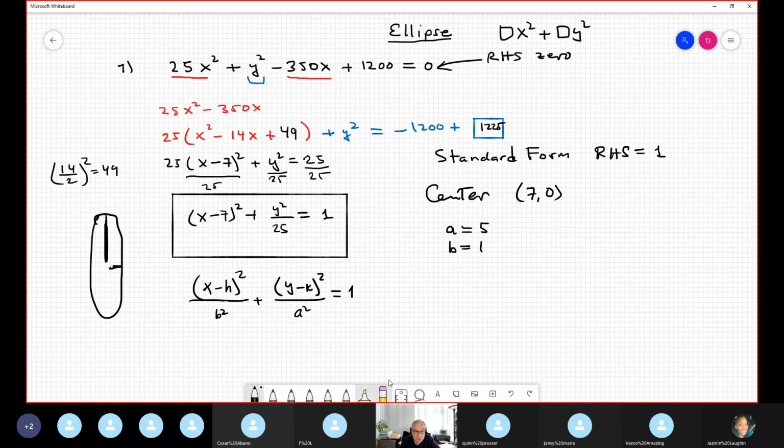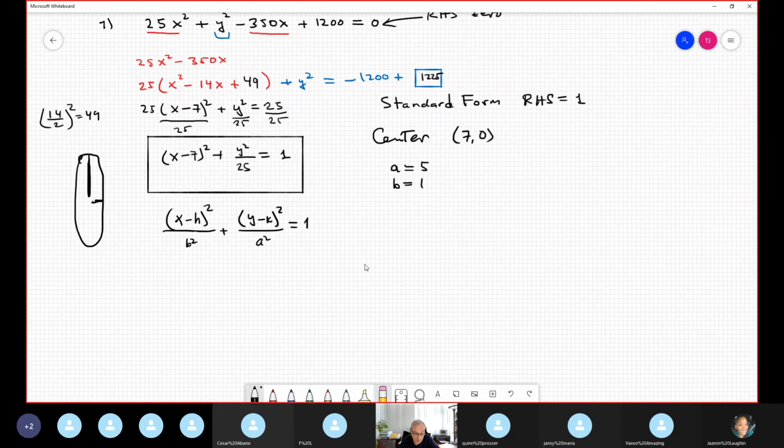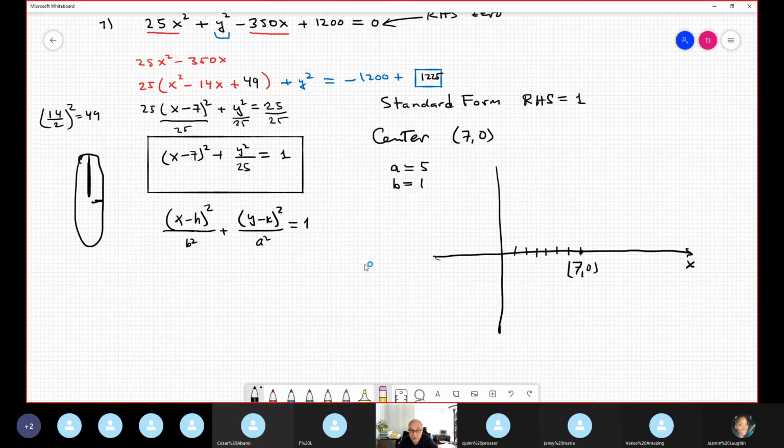Okay, let me try to do a rough sketch to understand. Okay, this is my graphic, and the center is 7,0. 1, 2, 3, 4, 5, 6, 7 here. We have translation in x, and we have no translation in y.